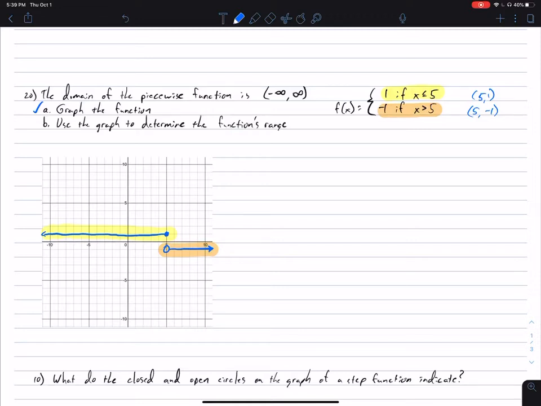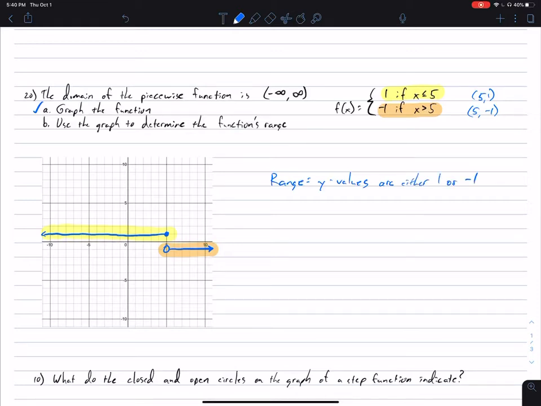Now, part B, use the graph to determine the function's range. So my range, right, what is that going to look like? That's my y values. Well, what's going on in this problem? I only have 2 potential y values. No matter what, my range, my y values, are either 1 or negative 1.